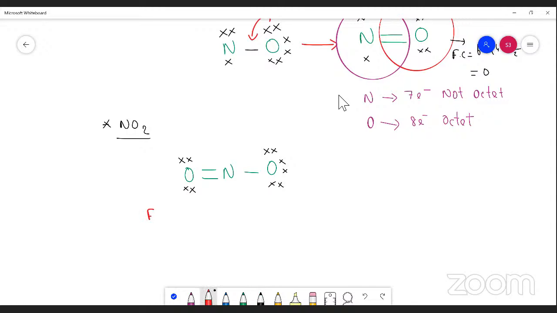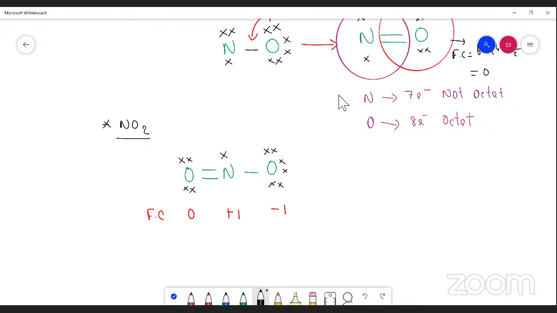The formal charge of the doubly bonded oxygen is 0, for nitrogen it is +1, and for the other oxygen it is -1, and it is the correct structure. Here the nitrogen contains 1 extra electron.